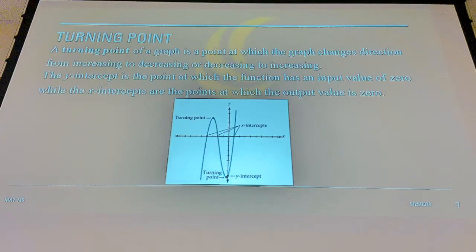Right, because if it was even, it would be either going up on both sides or down on both sides. I also happen to know that whatever the leading term is, the leading coefficient is going to be positive based on the end behavior.